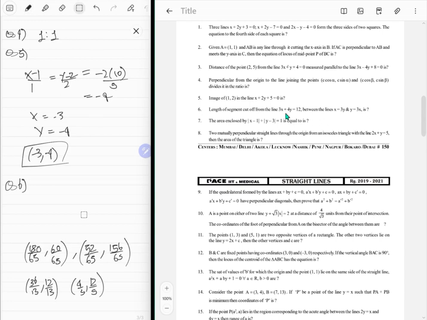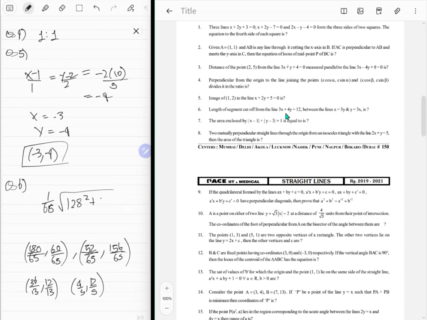Okay, so now you got these 2 points, and now we can find the distance. It's like 1 upon 65 square root of the difference of these two guys. So that will be 8 and 128 squared, the difference of these two.